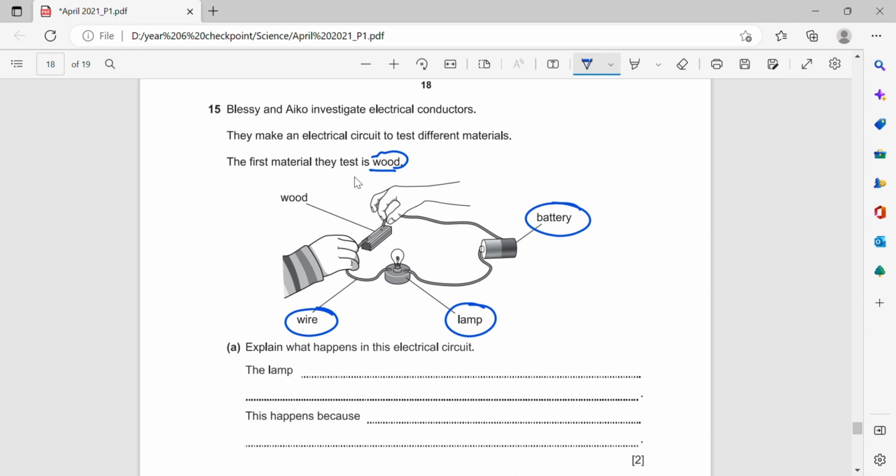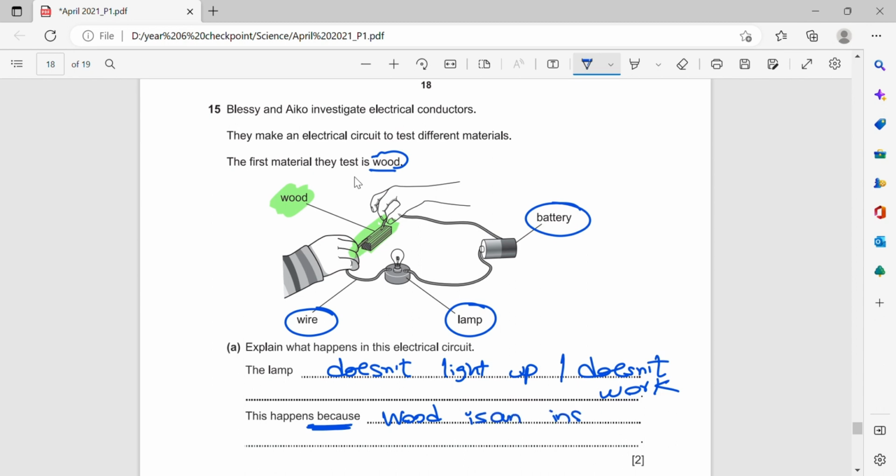It doesn't conduct electricity. So the lamp doesn't light up, in other words it doesn't work. This happens because wood is an insulator.